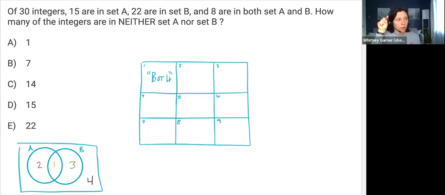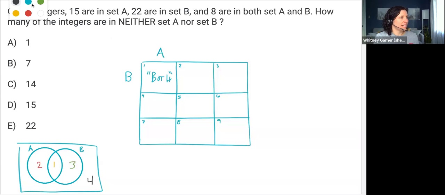So we're going to put our finger on both, and we're going to label that box with whatever two tags something or someone can be both of. In this scenario, a number can be both in A and in B. So that's step one. We label our both.